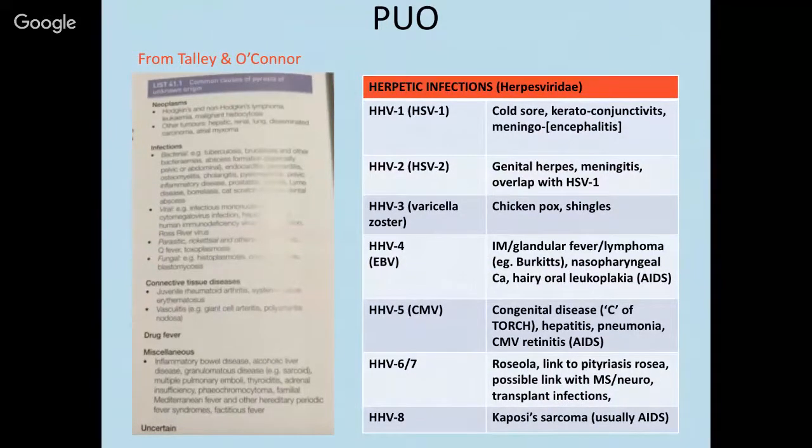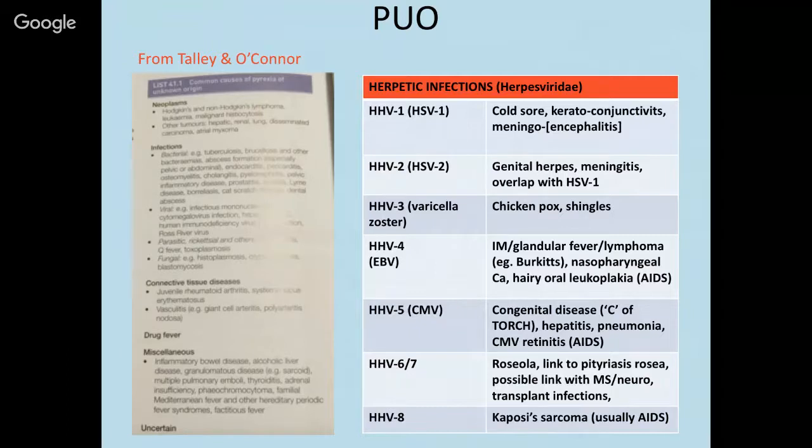I really like learning the herpes viruses. I think that's really useful to know. So human herpes virus 1, which is also herpes simplex 1, is the cold sore virus. It can also cause other things, like you can see there. HSV2 is genital herpes. HHV3 is chickenpox, varicella zoster, and also shingles when it's reactivated.